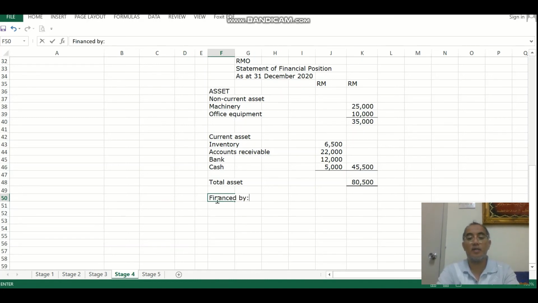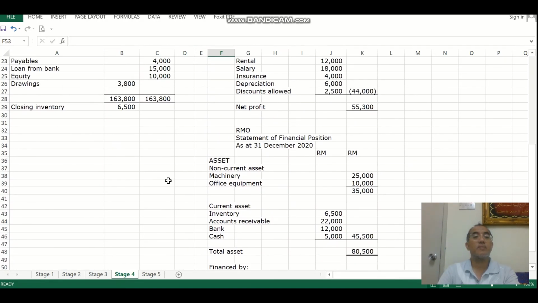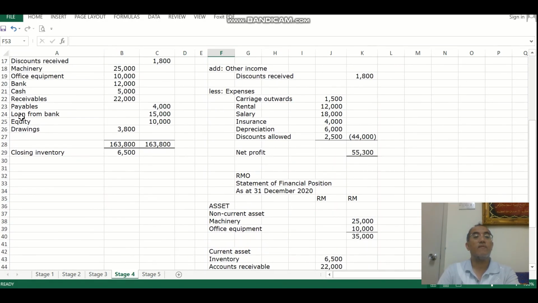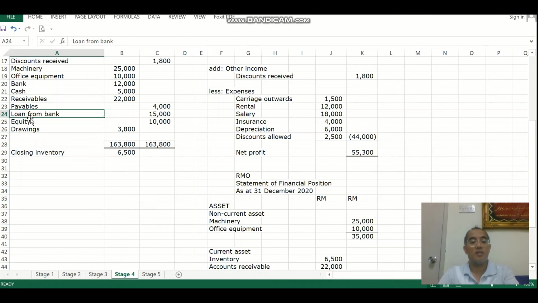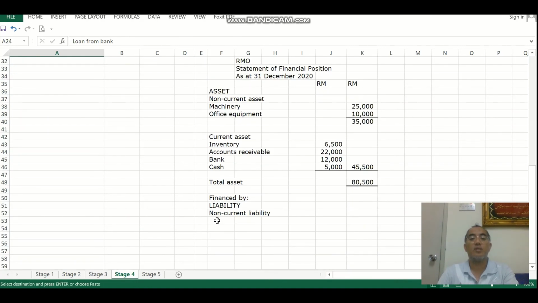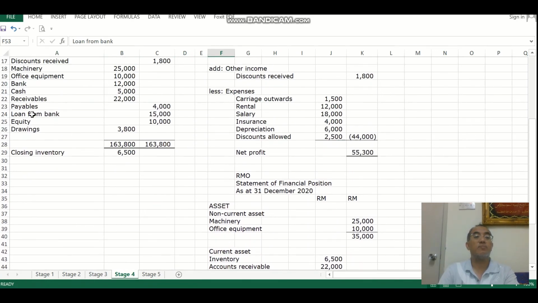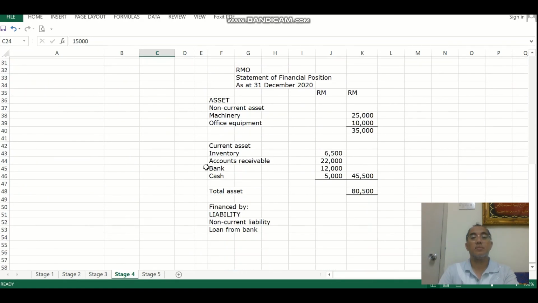Next, of course, I have liability, non-current liability. What is my non-current liability? I have a loan from bank. I just copy this loan from bank. How much? Loan from bank is 15,000.